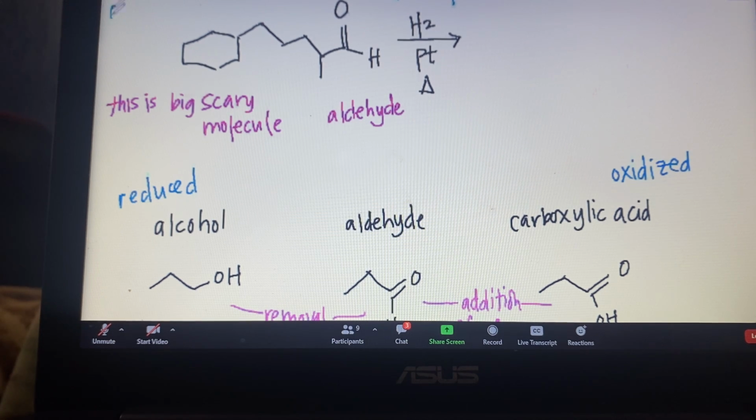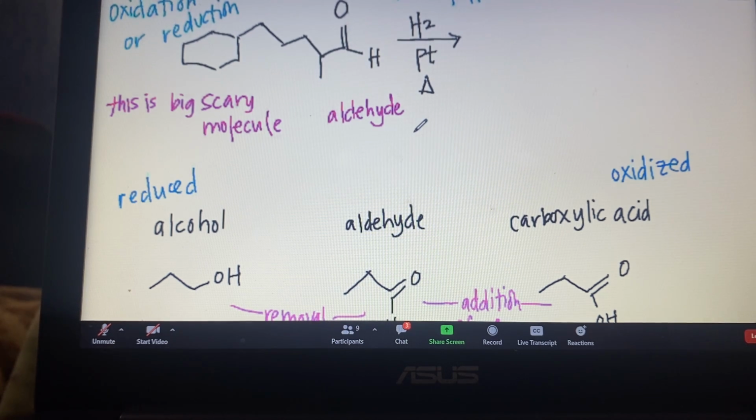All right, so we've got either oxidation or reduction. Check out this moiety right here. We have one of these and we have this little baby molecule right here. What do you want to do with this? Does that mean you're adding those two hydrogens?